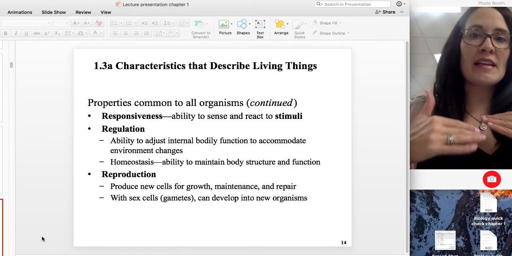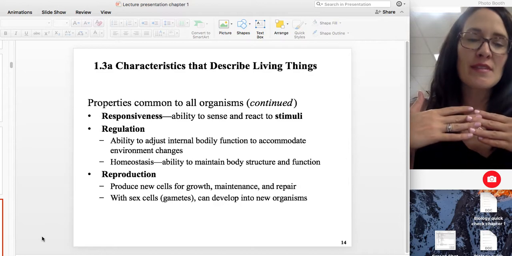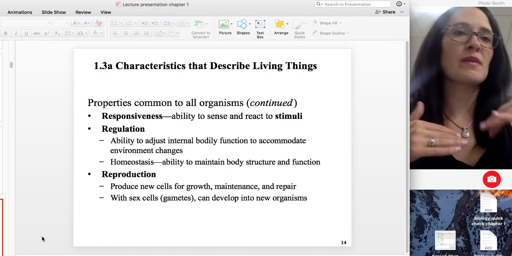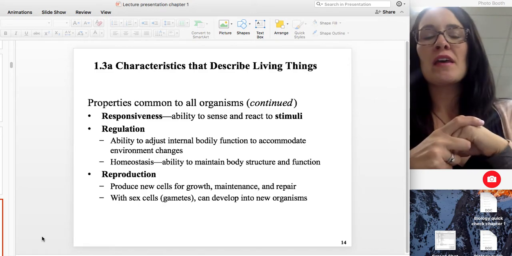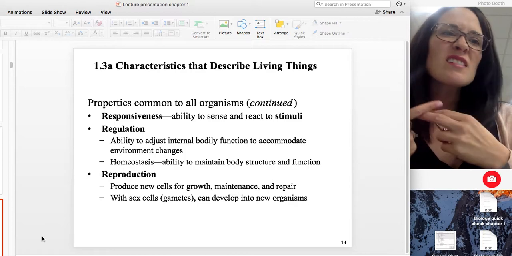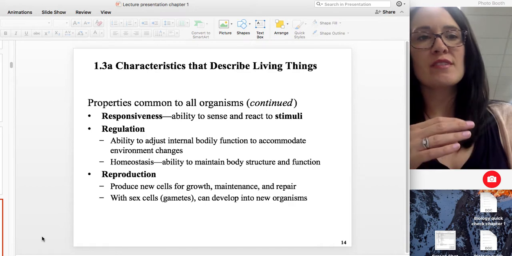Regulation: we maintain homeostasis, that steady state that keeps us alive, the ability of different body systems to accommodate to the environment, internally and externally. And then we reproduce new cells, skin cells, blood cells, and then the formation of a new organism through the sex cells.